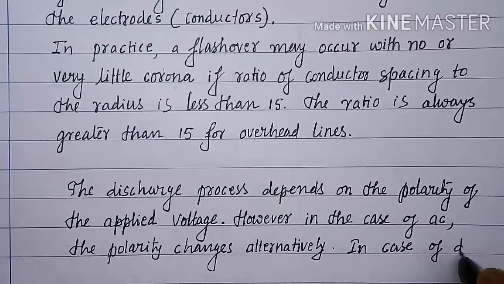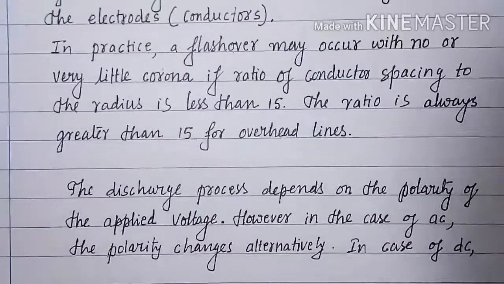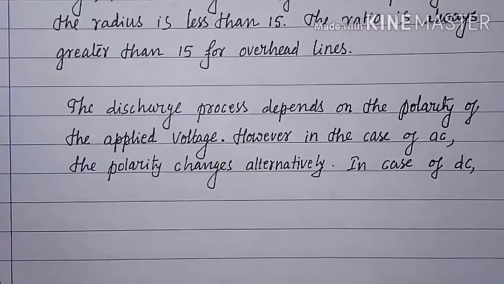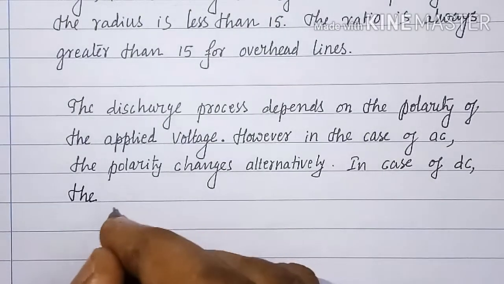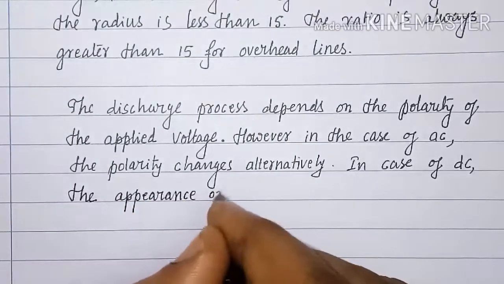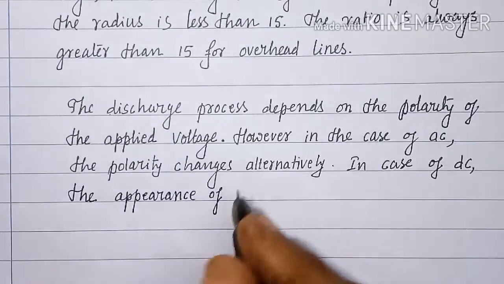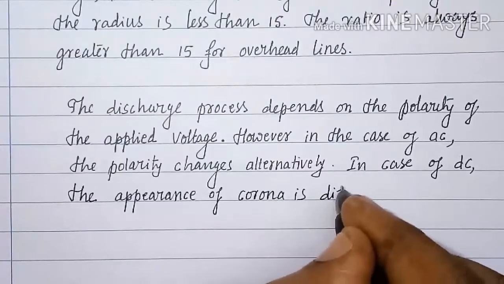In case of DC, means conductors transmitting DC power at unidirectional potential difference between them, the appearance of corona is different.